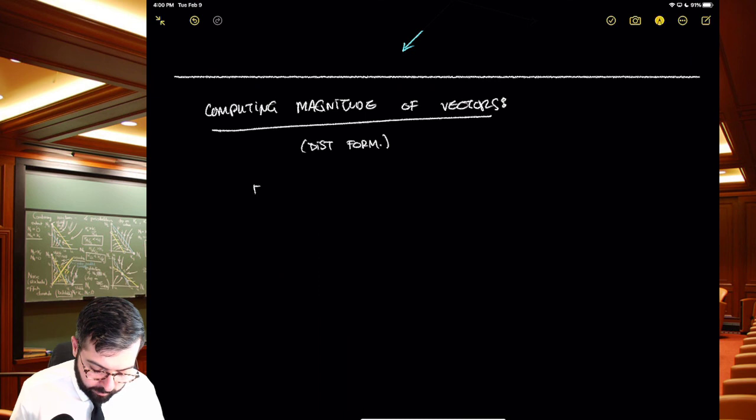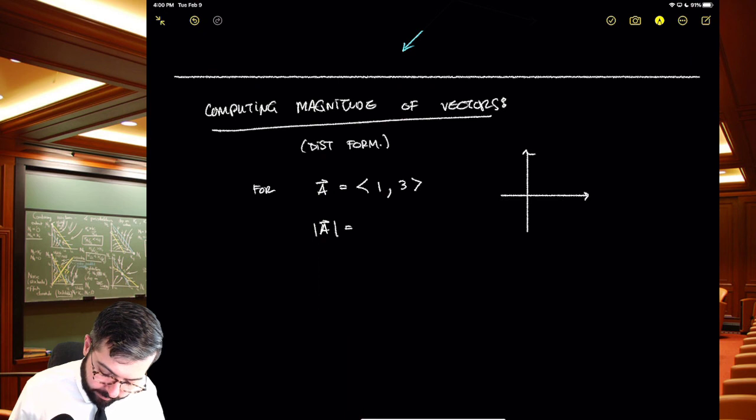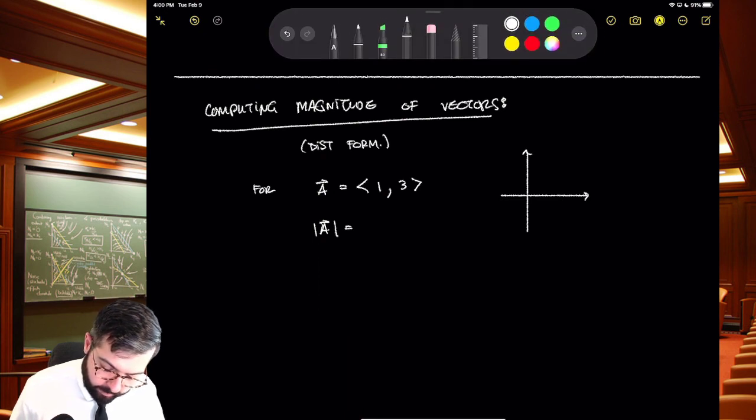So for A equals, let's call it, the magnitude of A. How can we find the length of this thing? Well, if it's over 1, up 3, right?